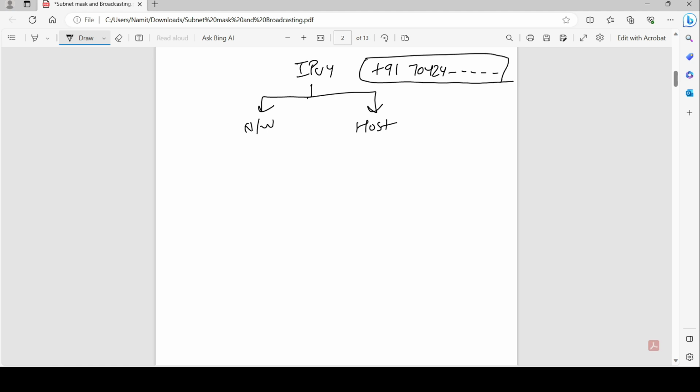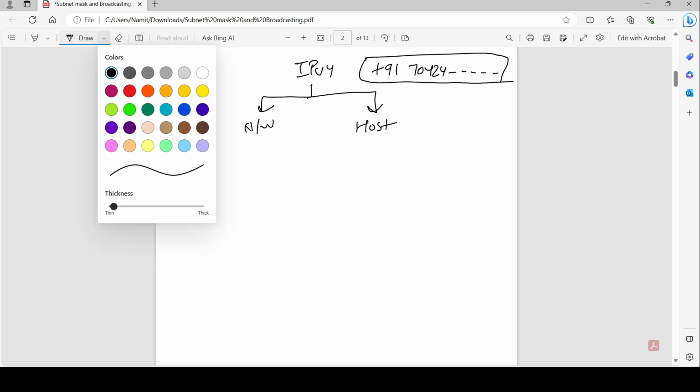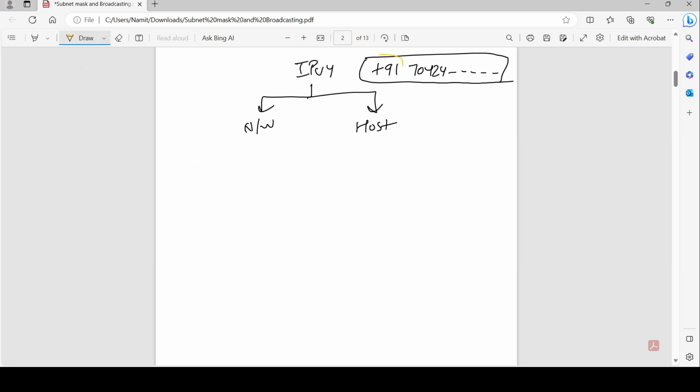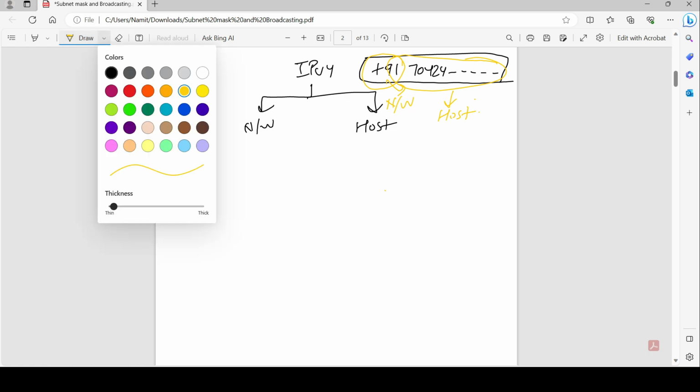If you have noticed, this value, that is +91, would be the same for all the people in India only. Correct? So this is nothing but the network that I am talking about, and this whole value apart from network is nothing but host. So that is what a network address and host address is all about.